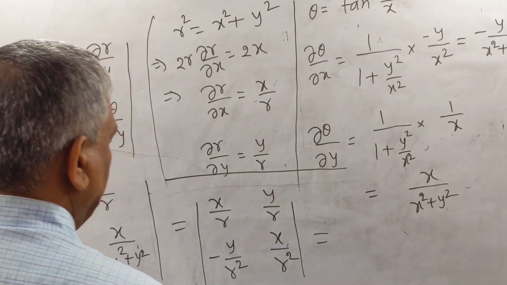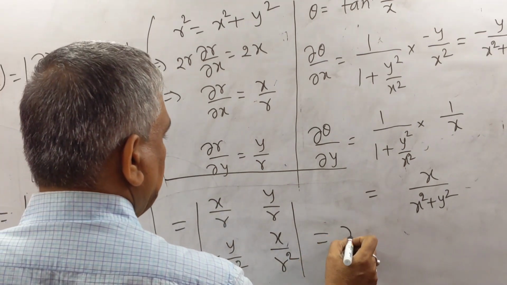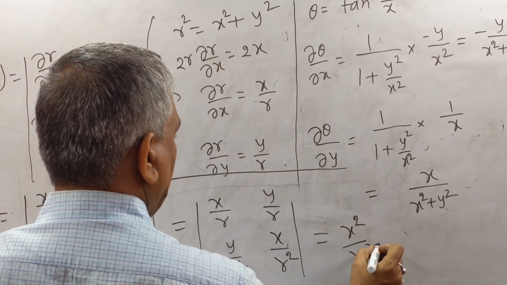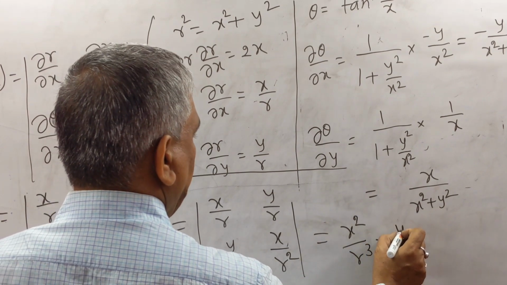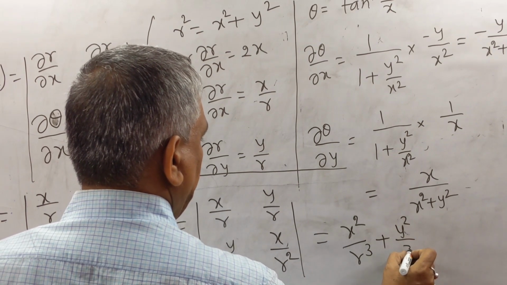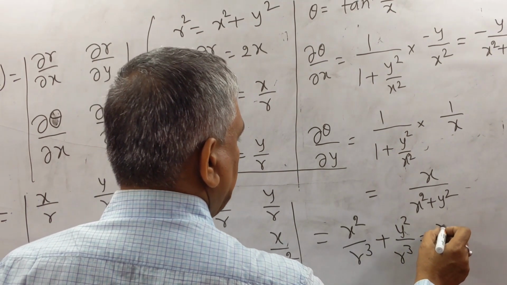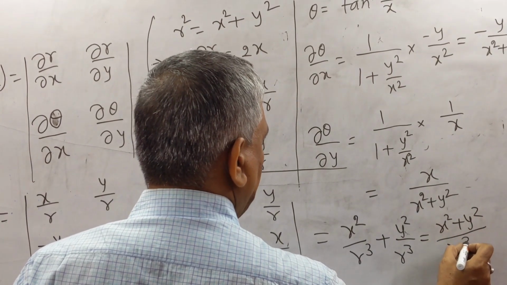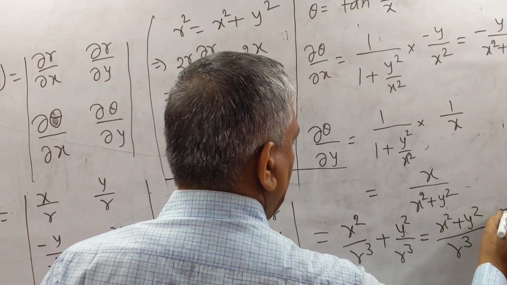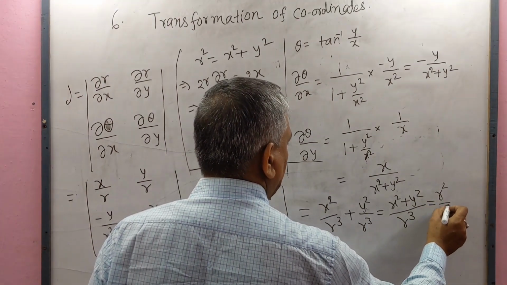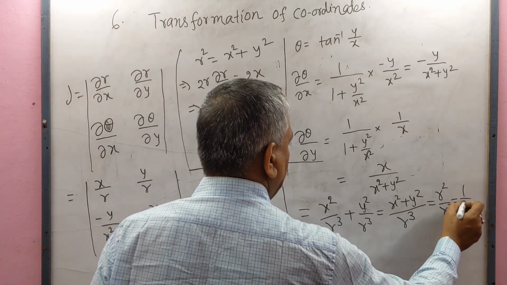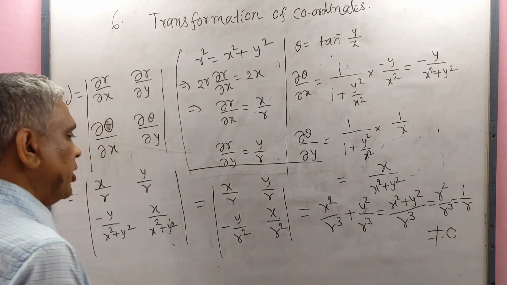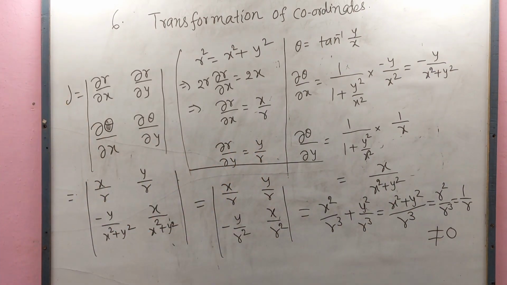This is equal to x square by r cube plus y square by r cube, equal to x square plus y square by r cube, equal to r square by r cube, equal to 1 by r, which is not equal to 0. So our Jacobian is not equal to 0.